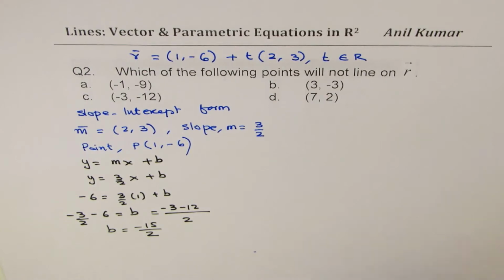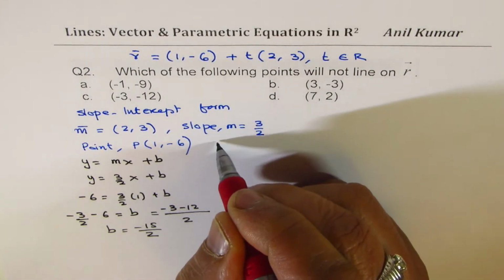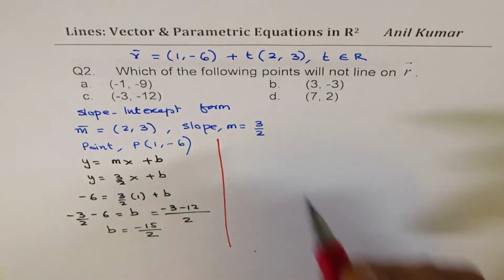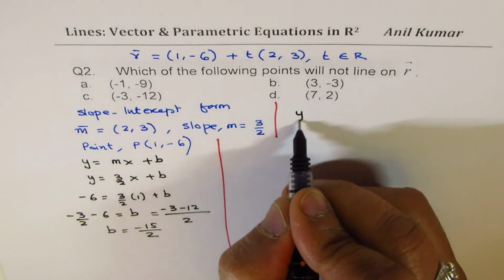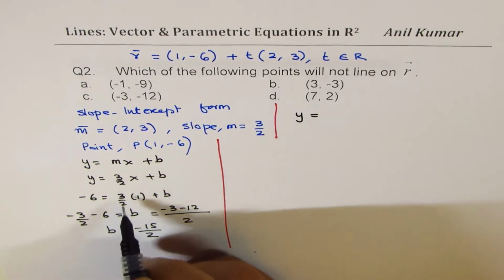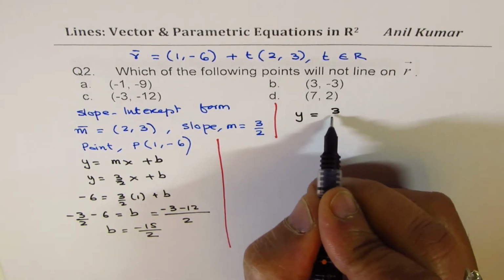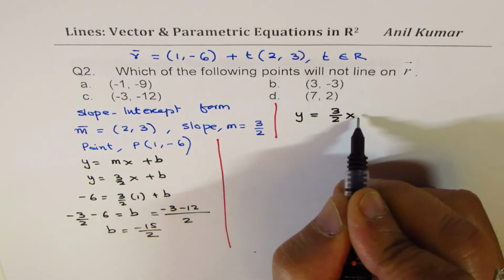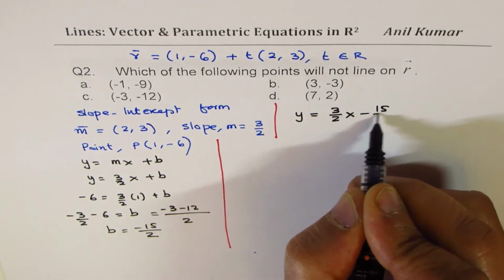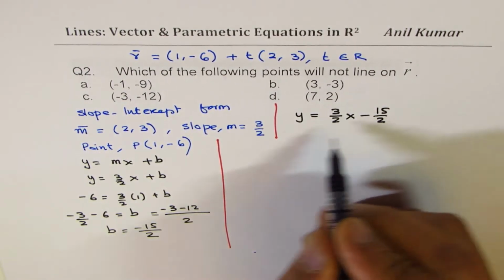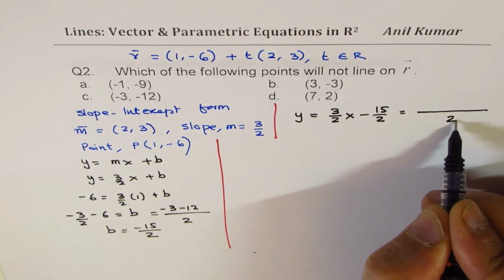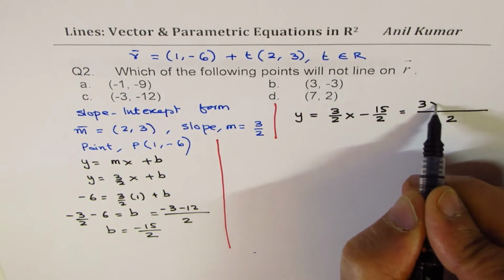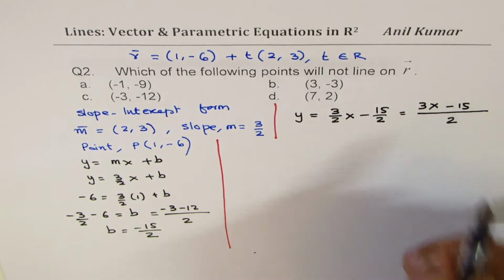That gives you the equation of the line, right? So we can now write the equation of the line, which is y equals 3 over 2 x minus 15 over 2. I prefer to use a common denominator of 2, it's easy for calculations. So we get y equals 3x minus 15, over 2, right?